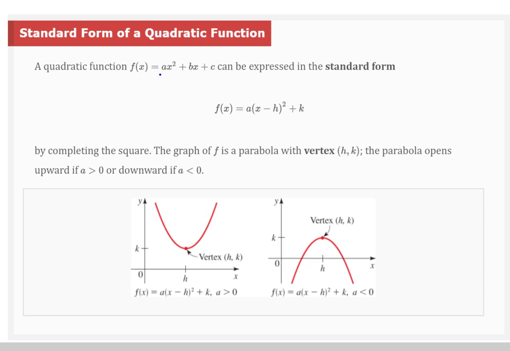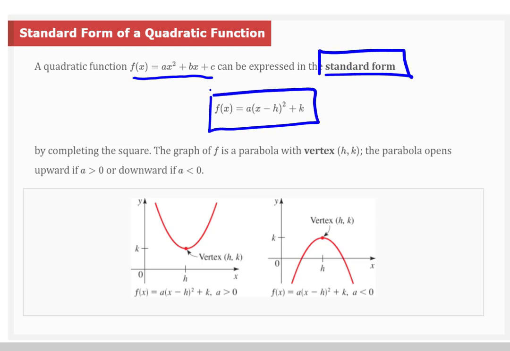A quadratic function of the form f of x equals ax squared plus bx plus c, which again we're calling general form, can be expressed in standard form, which we're going to refer to as the following. f of x equals a times the quantity x minus h all squared plus k.